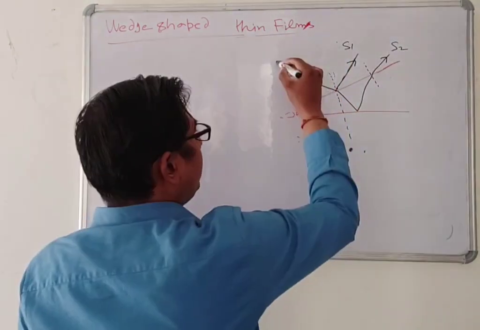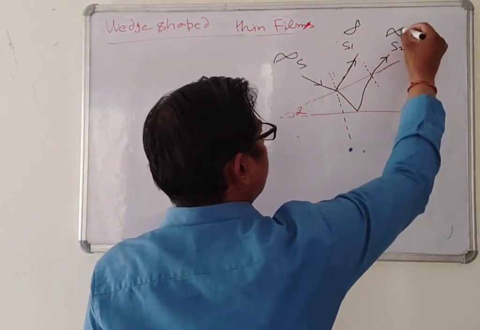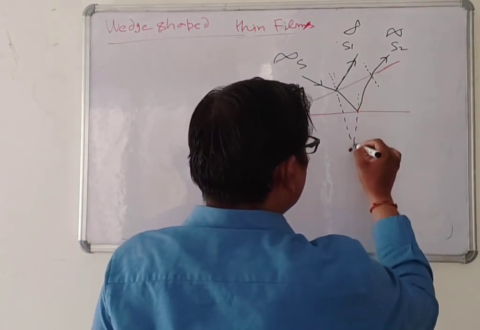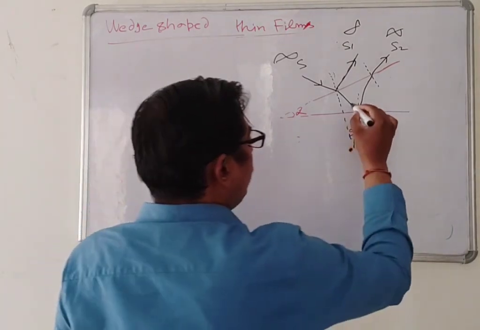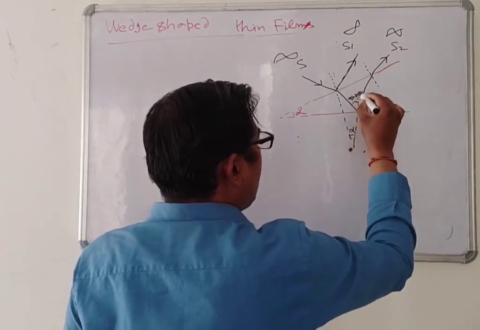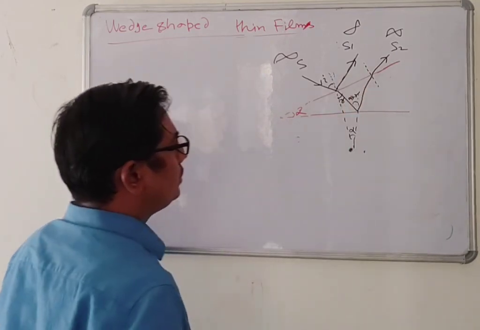Also you know that this incident light will change phase, and this one does not change phase. When you draw a perpendicular, this is angle alpha, and this angle is alpha plus r. This angle is i, this angle is known as r.